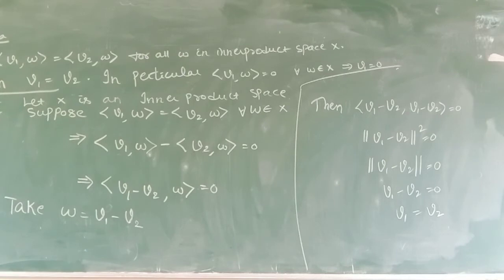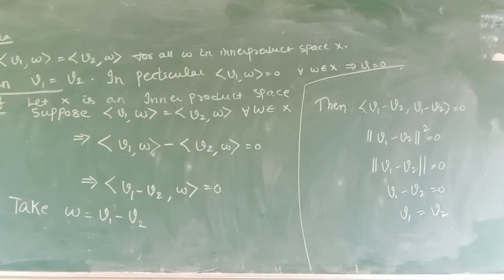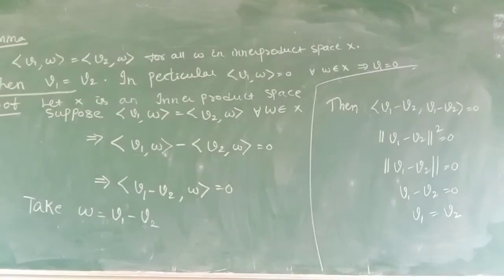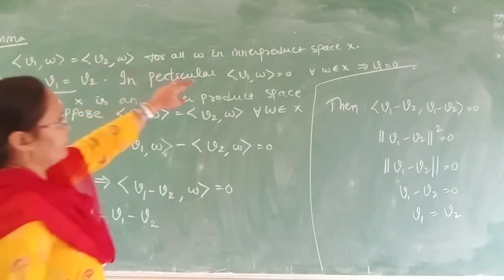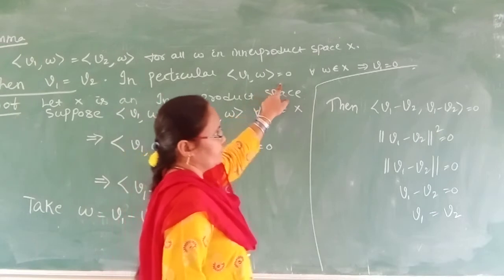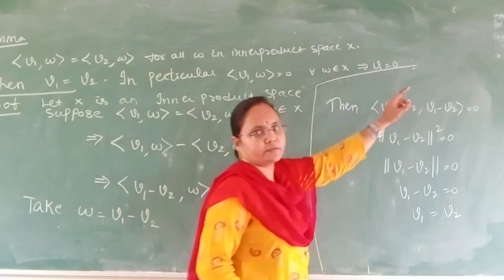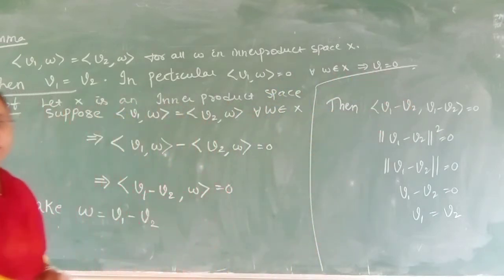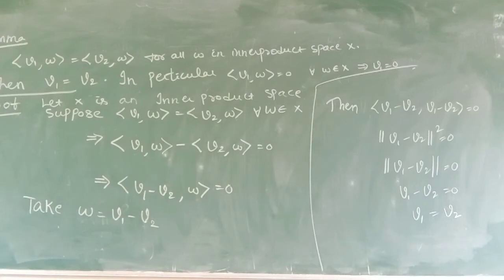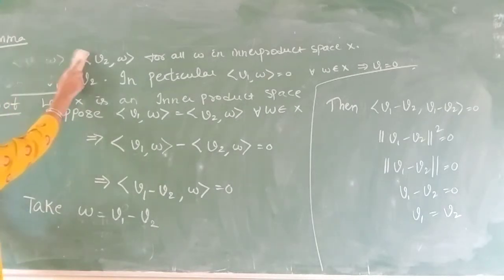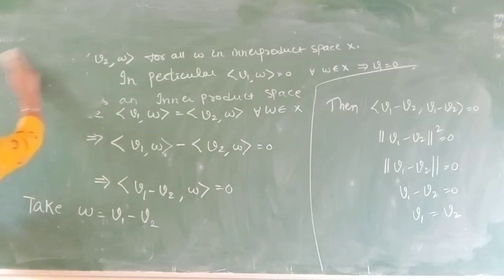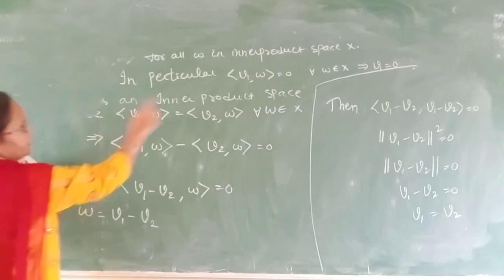For this second one we can suppose the inner product of V1, W is equal to 0, so that V1 is equal to 0. See the continuation now. What is the supposition?